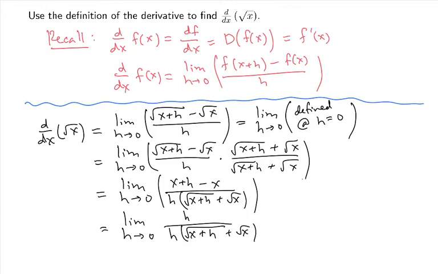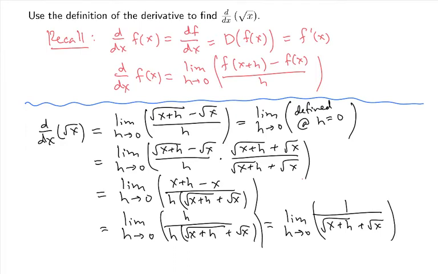And then what's really nice now is that these h's will cancel, right? So this is the limit as h goes to 0 of 1 over root x plus h plus root x. And now this function is defined. Let me put my parentheses in here. That function is defined at h equals 0, which is the quality I wanted to see.